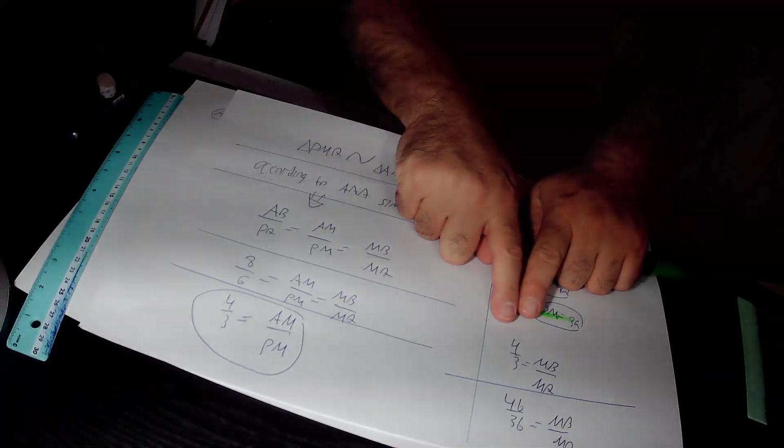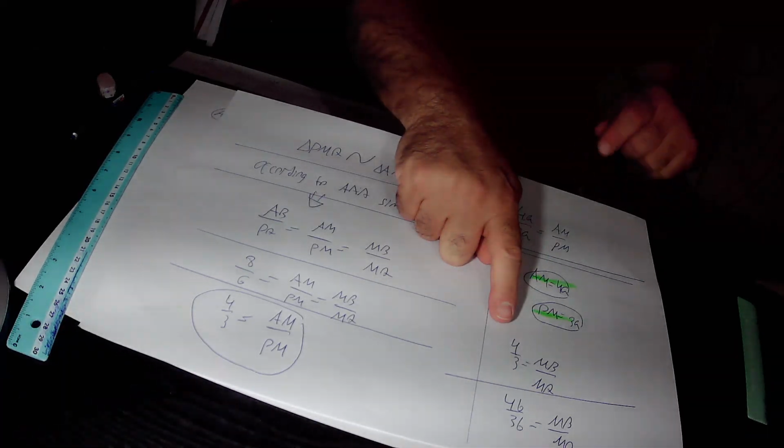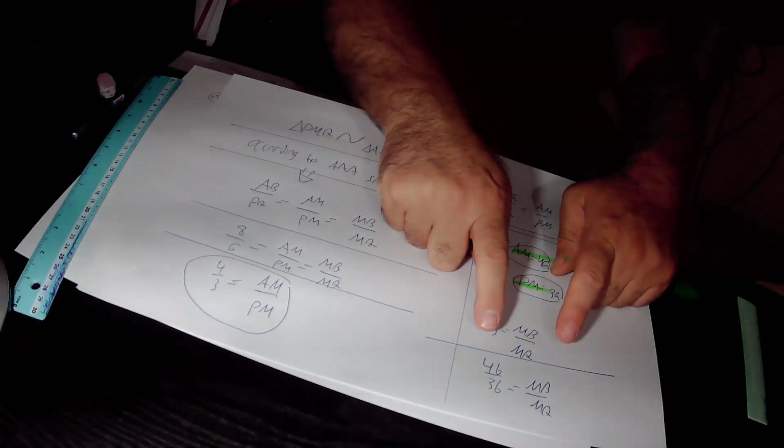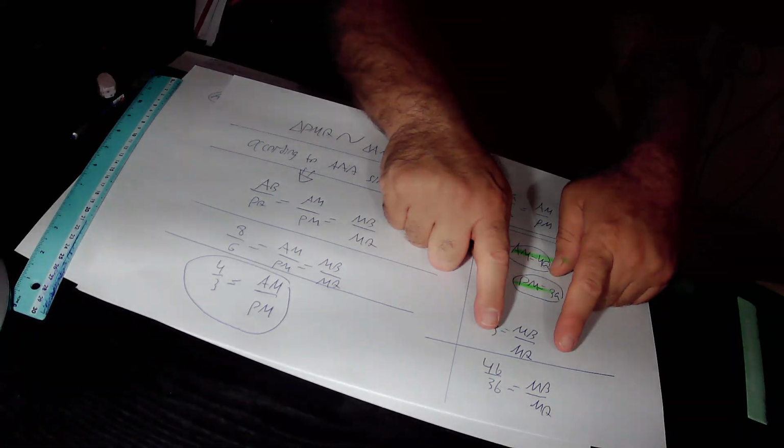Here we multiply this side of the equation by b, and then we divide it by b. We found out that 4b over 3b equals MB over MQ.